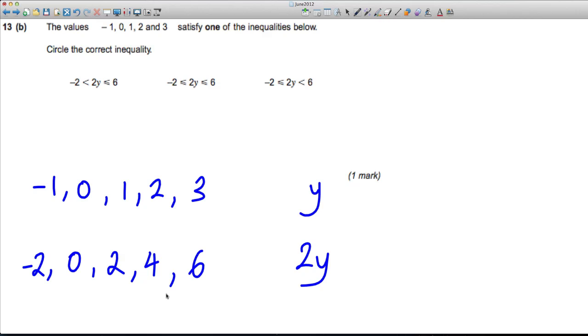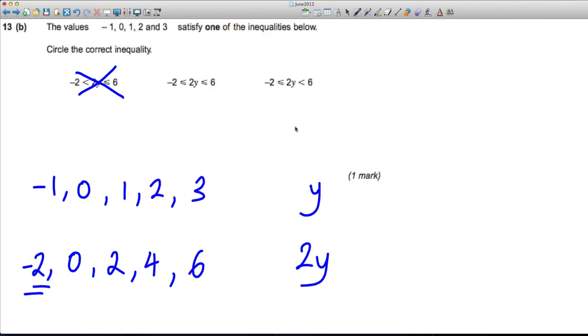Okay, now, which one of these is correct? I know that 2y can equal -2. It's not strictly bigger than -2. It can equal -2.